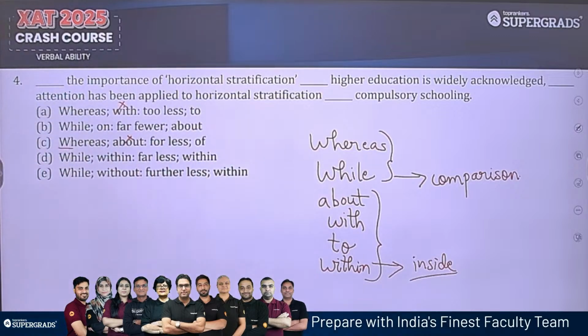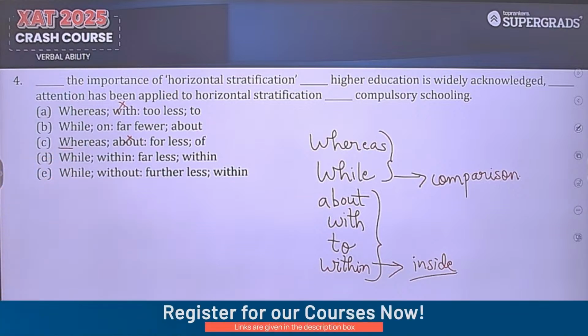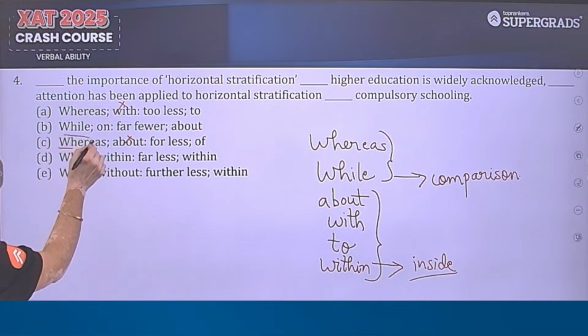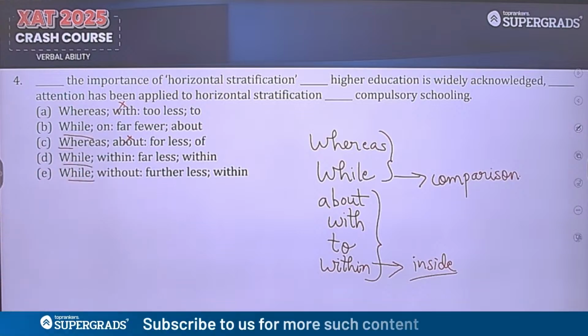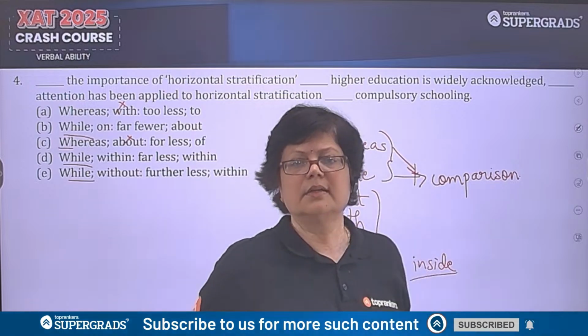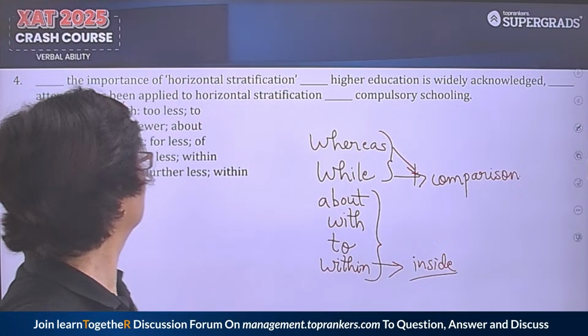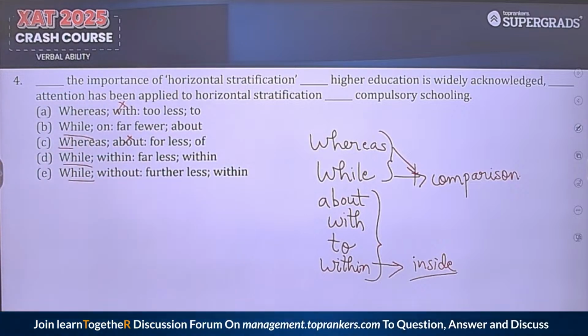Okay. Now, I am left with B, D, and E. In B, D, and E, I have while. Since they both can be used interchangeably, we can consider the possibility of while, because whereas does not fit in.